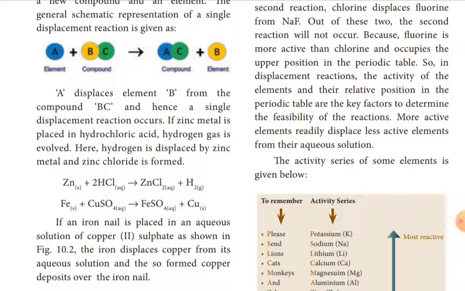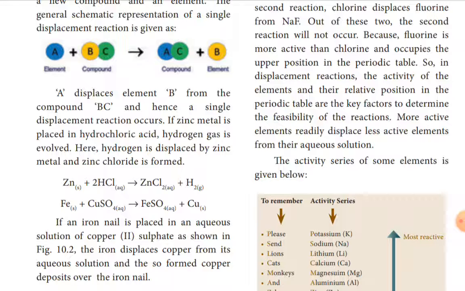So zinc displaces hydrogen gas from hydrochloric acid. In the place of hydrogen, zinc accompanies the chlorine to form a metallic salt in the form of an aqueous solution, zinc chloride. So when zinc reacts with hydrochloric acid, hydrogen is replaced by zinc, hydrogen gas is liberated, and zinc chloride is formed.